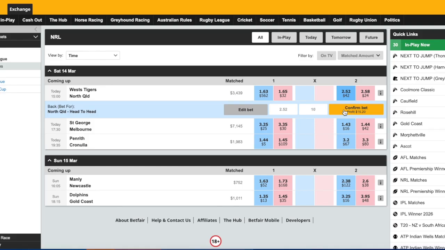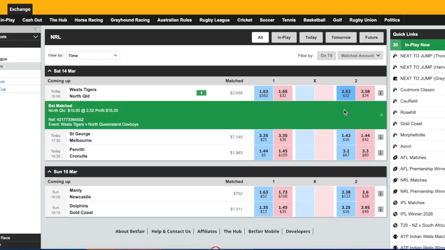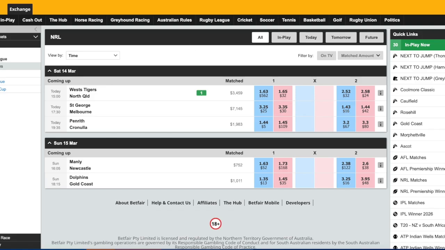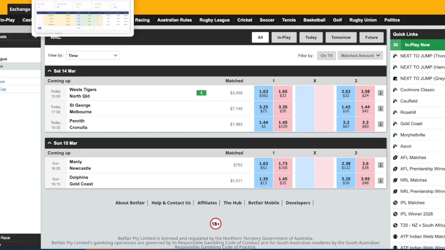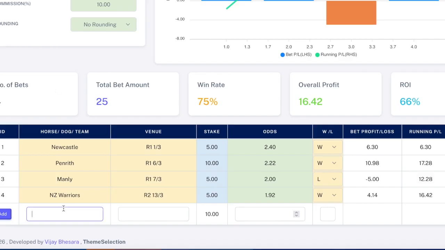Now that was, at that point in time, the staking criteria required a $10 bet there on them.